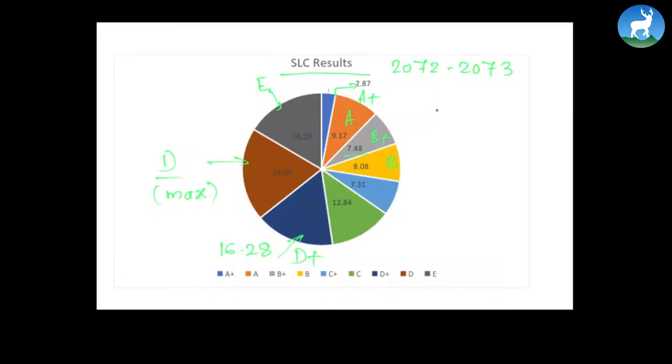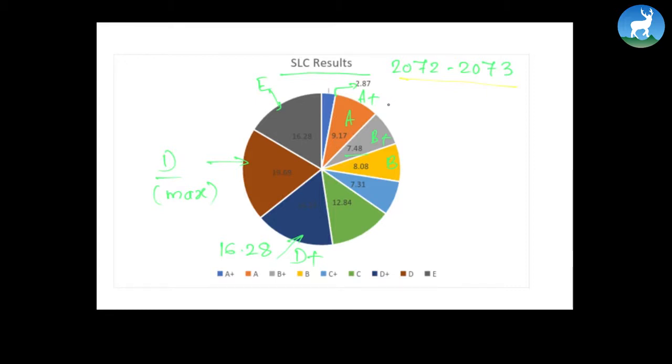Let's go to the pie chart once again. Now, can you use the given phrases and explain it? Let's look at the first one, which is the above pie chart shows or displays. The above pie chart displays the SLC results of the students in the academic year 2072 and 73. According to the pie chart, 9.17% of the total students got A grade, which is excellent.